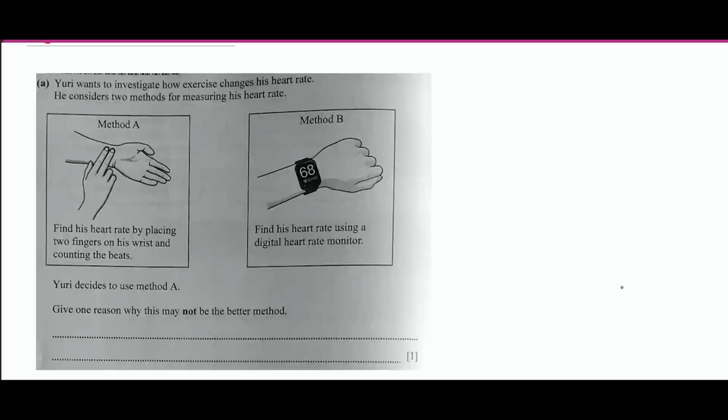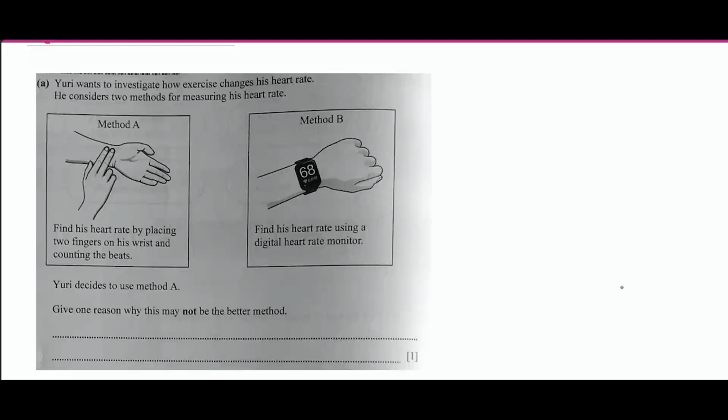Okay, Yuri wants to investigate how exercise changes his heart rate. He considers 2 methods for measuring his heart rate. Method A is that he finds his heart rate by placing 2 fingers on his wrist and counting the beat.